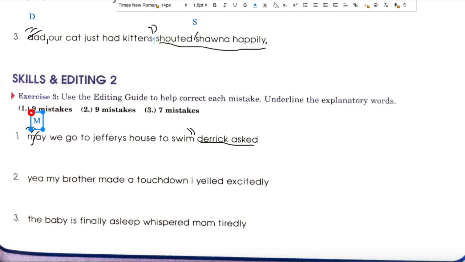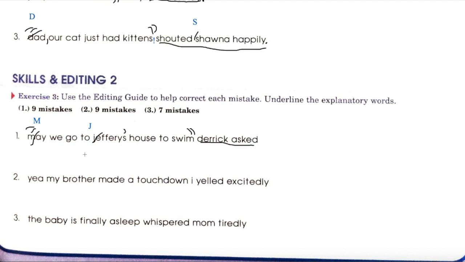Let's capitalize the name Jeffrey. Jeffrey's, we need an apostrophe there because it's showing ownership. House to swim. It's a question, so we need to put in a question mark right there.